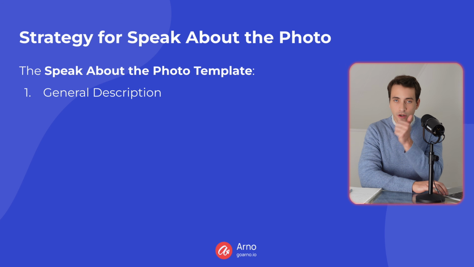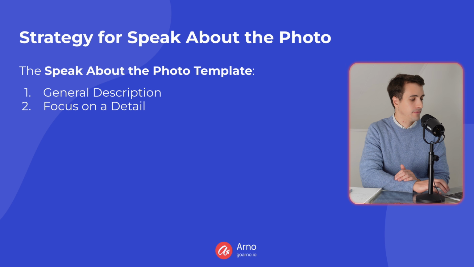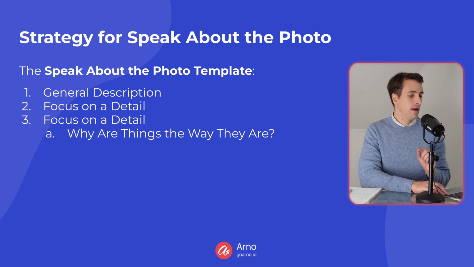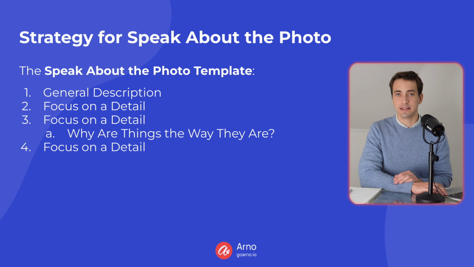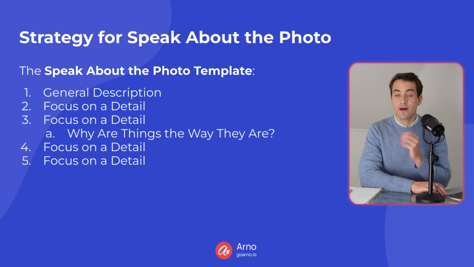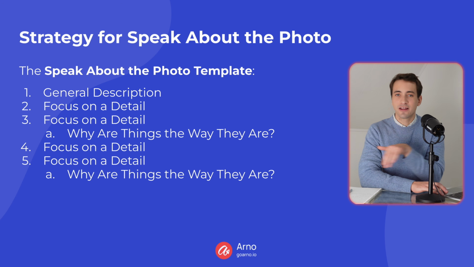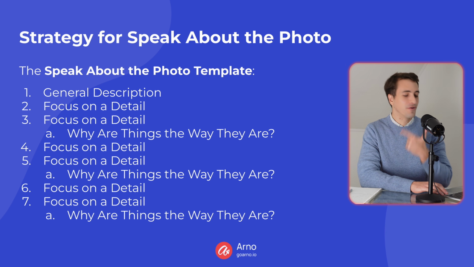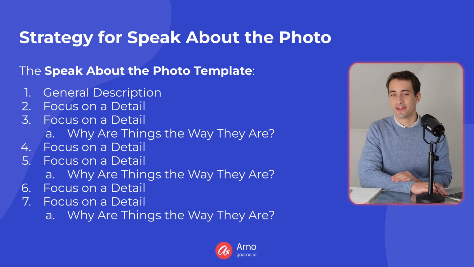You're still going to start with that general description. Then you're going to focus on a detail. But then you are going to pick up on another detail. And then you're going to speculate about those details. And then you're going to find another detail, and another detail, and then speculate about those details. And then you're just going to keep going like this.